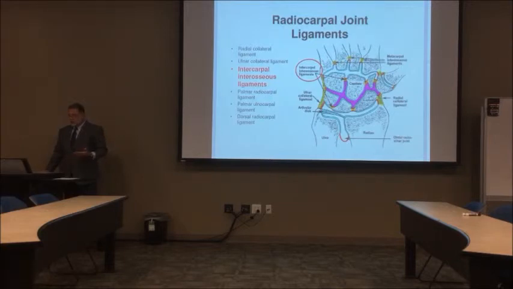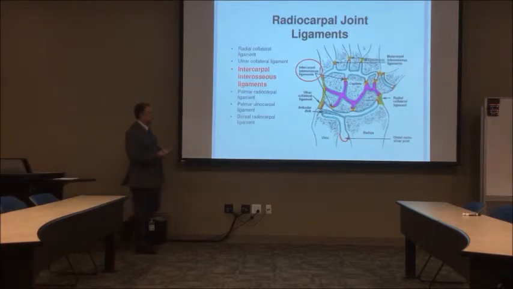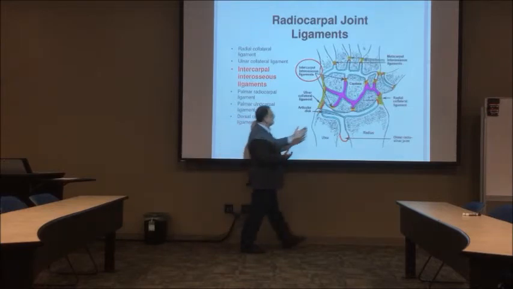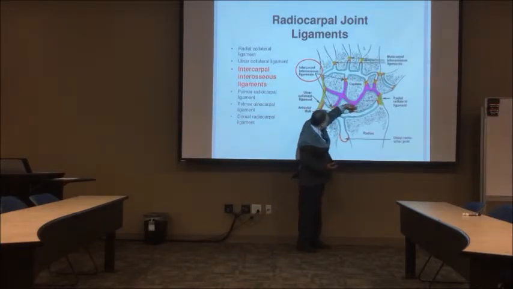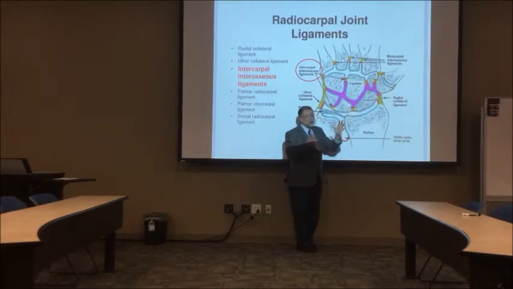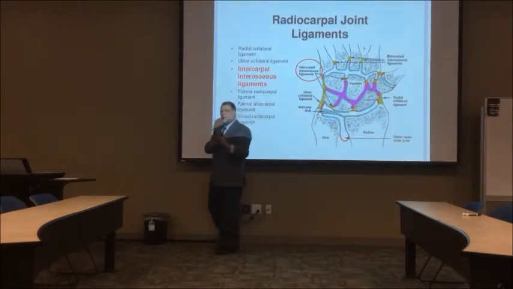They don't have a name, they just get called intercarpal ligaments. If you want to specify one in particular, you can name it. When there's some dissociation or injury, typically the capitate can go this way and rupture between the scaphoid and lunate, causing a scapholunate dissociation.